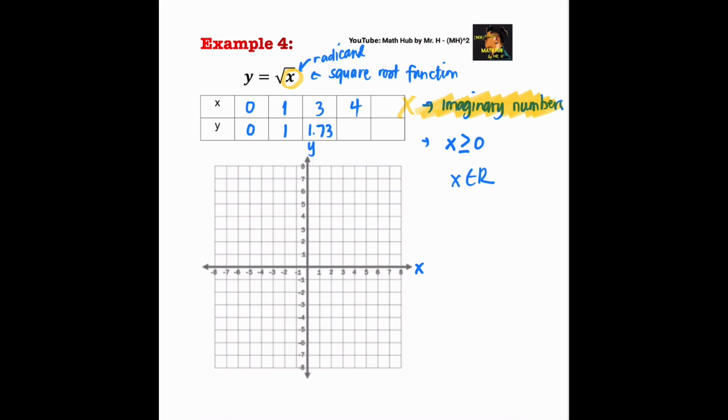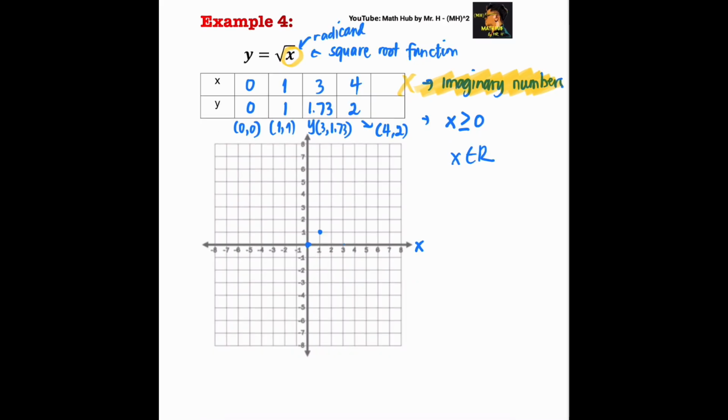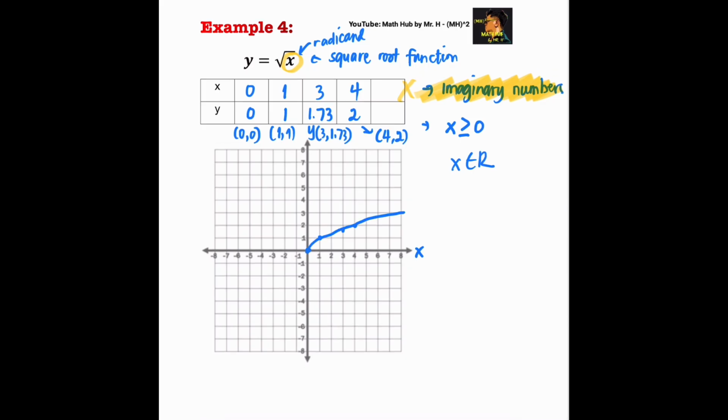And if x is 4, the square root of 4 is 2. All right, (0, 0) is here, followed by (1, 1), then (3, 1.73), so somewhere here. And if x is 4, then y is 2 here. So that is the graph of y equals square root of x.